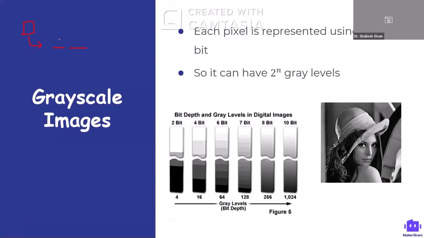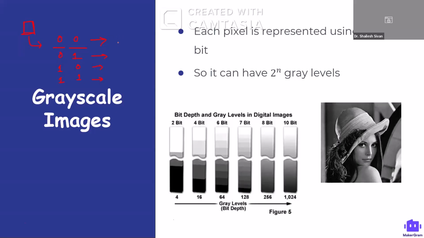What are the possible values we can hold? It can be 0 0, 0 1, 1 0, or 1 1. So how many levels of intensities can we represent using 1 pixel? That is 4 levels, right?